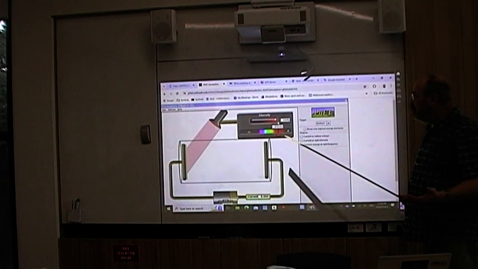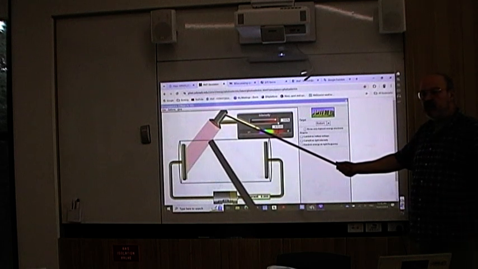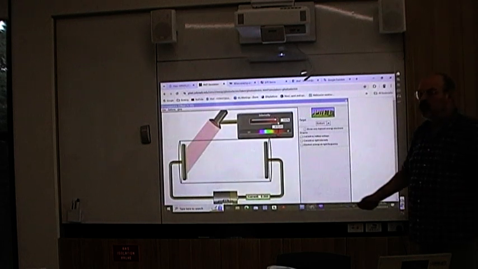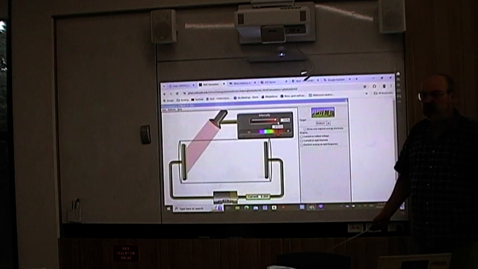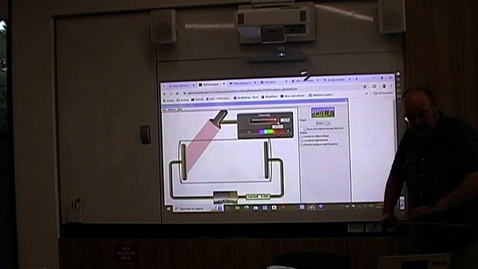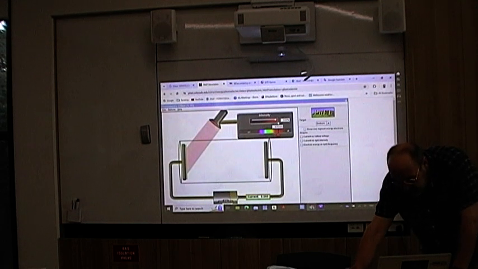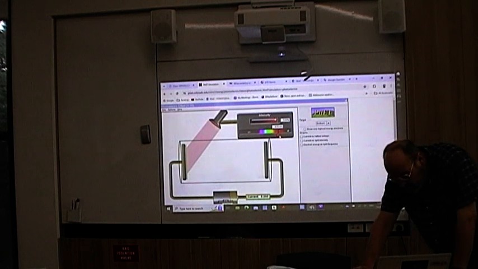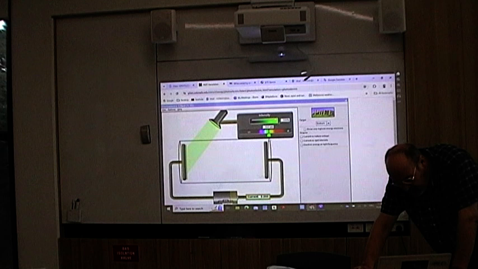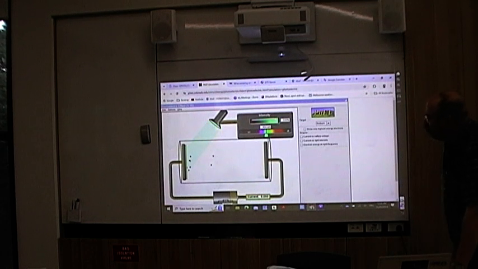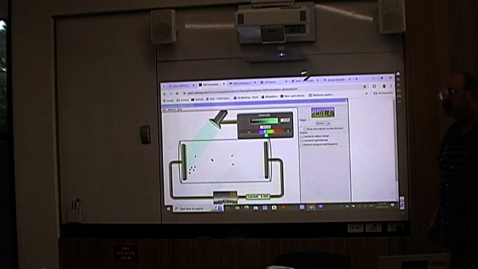But when we have red light, no matter how bright a light we put on the metal plate, no electrons come out. And then let's increase the frequency, making the wavelength shorter. And suddenly, at a certain frequency, we get electrons coming out.